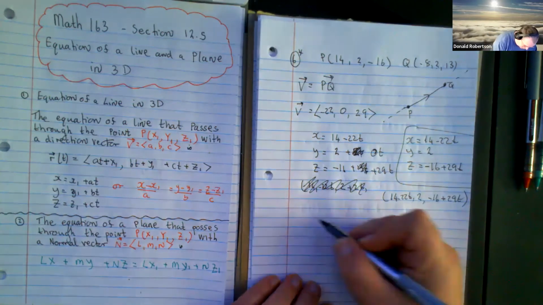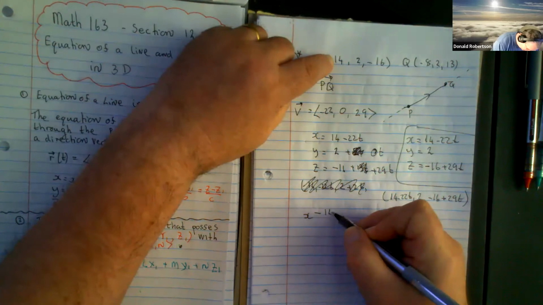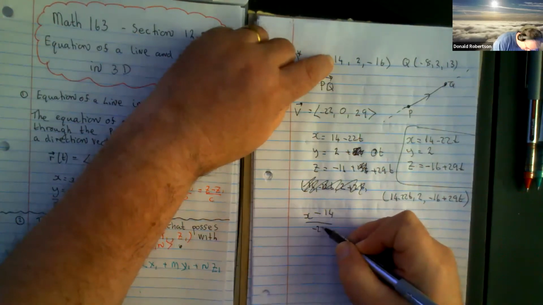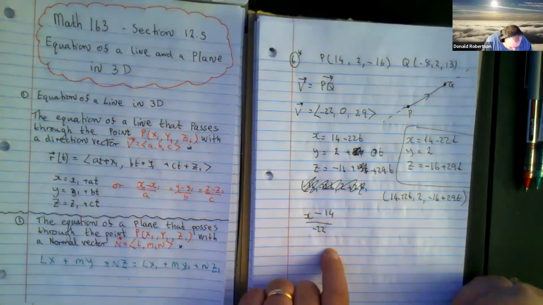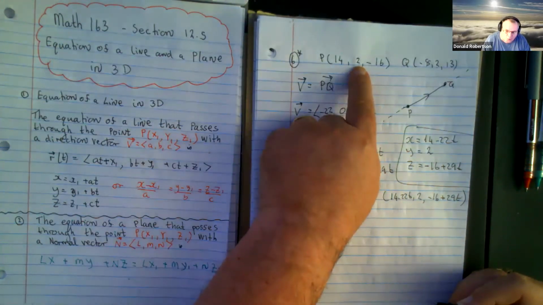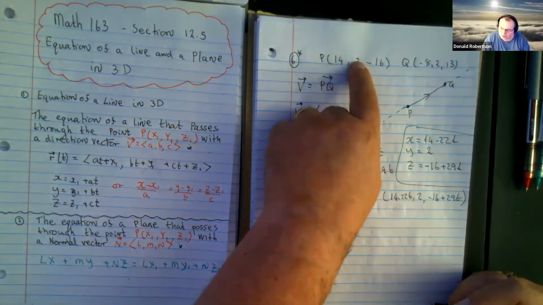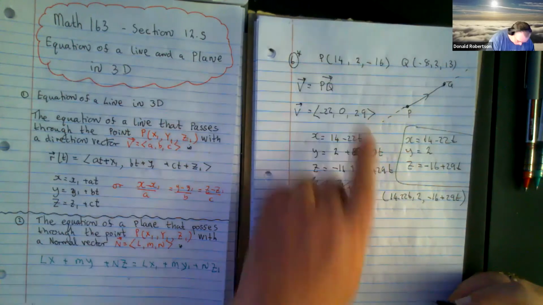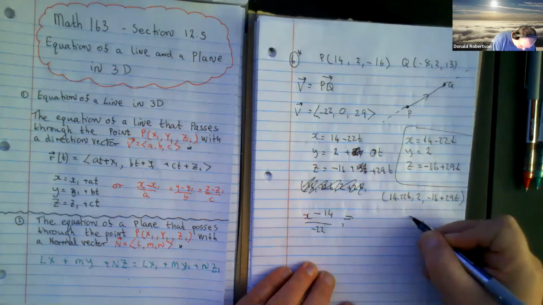Okay. So that's going to be x take away 14 over negative 22. I don't see any way of making that pretty, so I'm not going to try. That would be y take away 2 over 0. Agreed? But y take away 2 is not our guy.